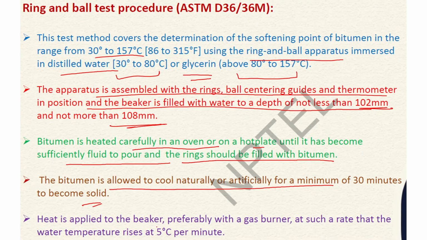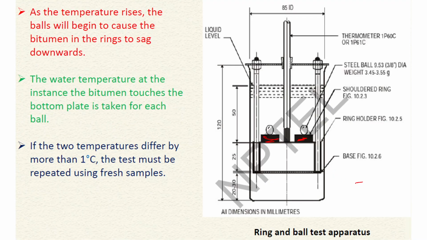Heat is applied to the beaker, preferably with a gas burner, at a steady rate. We will heat at this rate. As the temperature rises, this bitumen will start melting, will start becoming soft.